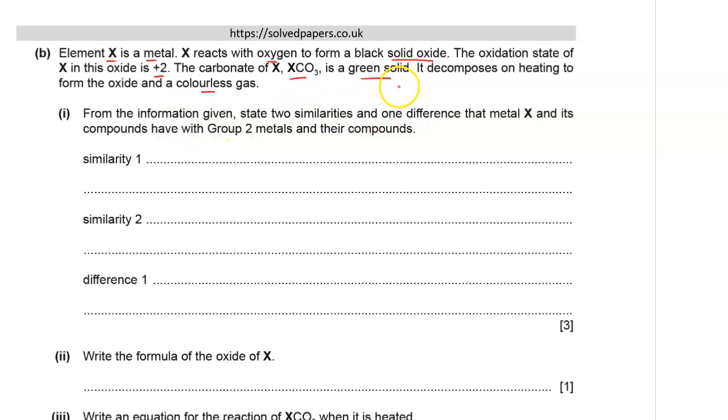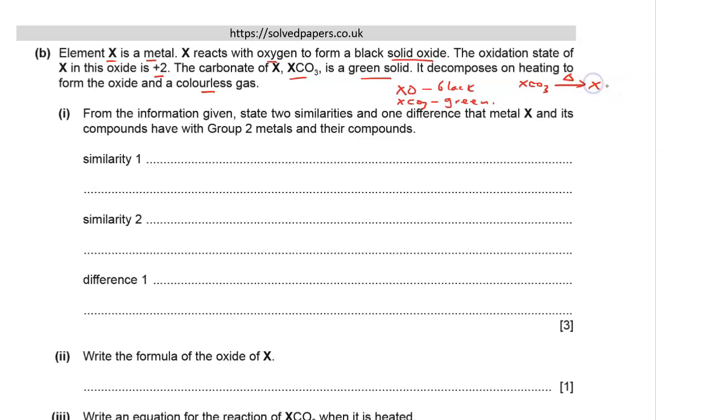So we are told X oxide is black, but carbonate of X is green. Alright, and when you heat the green carbonate, it decomposes. When we heat, we use a triangle for heat, then it decomposes.